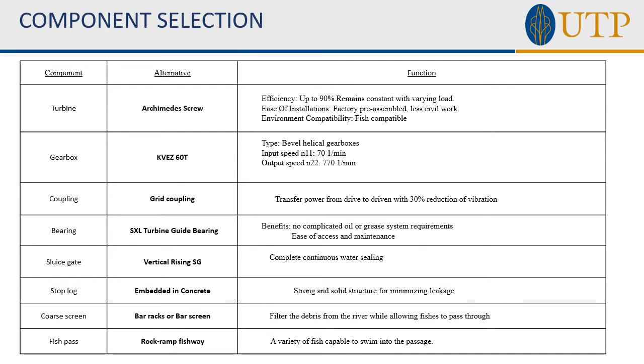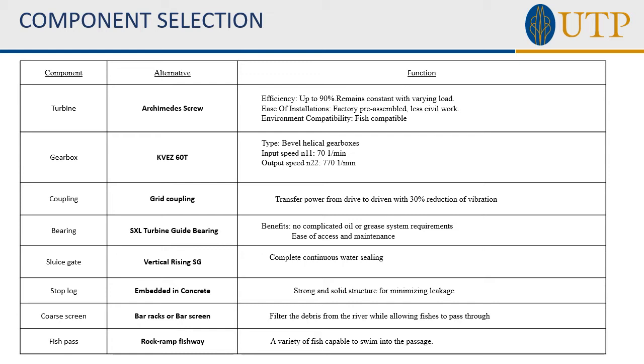Second is the gearbox. The gearbox used is the KVEZ60T, a bevel helical gearbox with an input speed of 700 and an output speed of 770, with a multiple of 100 times output speed. Third is the coupling.